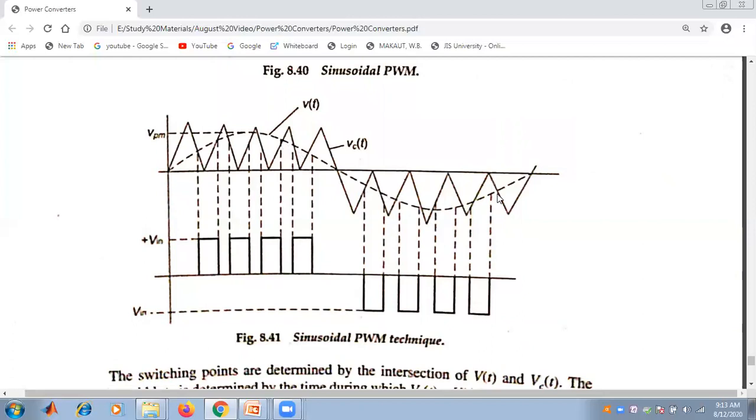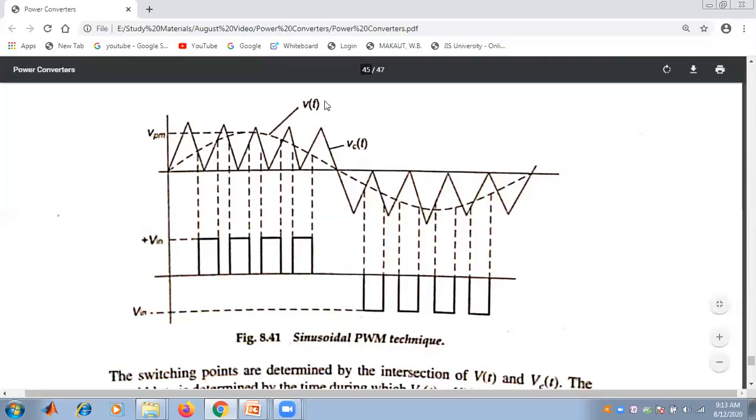Now we have to see, for the positive and the negative half cycle, where the value of Vct is less than Vt. For this interval, it is clear that the value of Vct is more compared to Vt.